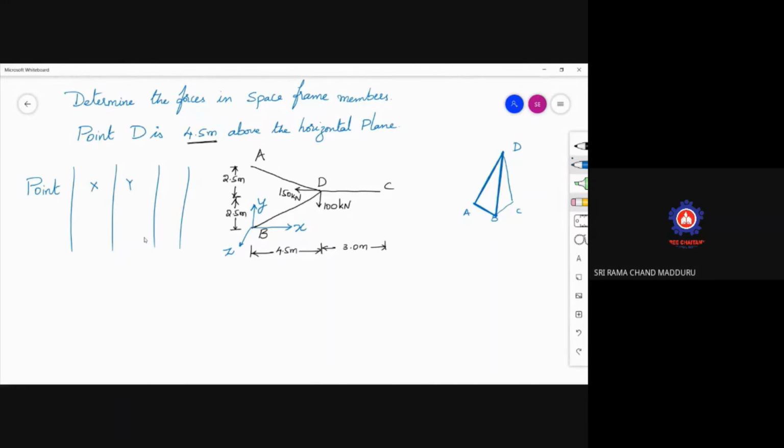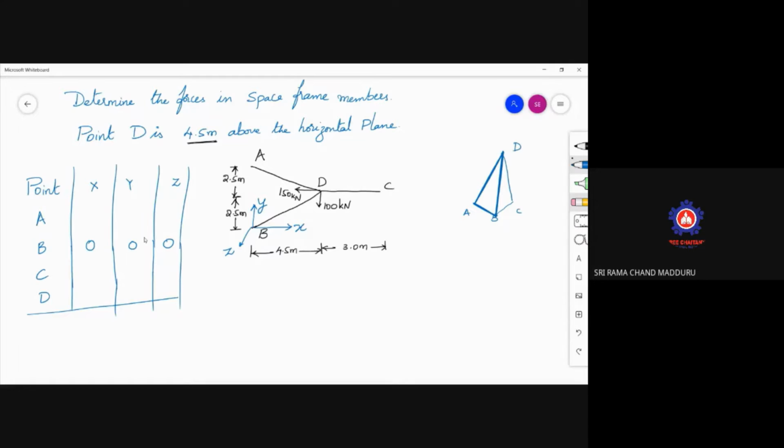X, Y, Z. How many points are there here? 4 points are there: A, B, C, and D. Now, we are considering origin is B, so hence this will become 0, 0, 0. Wherever you are considering will be considered as origin.